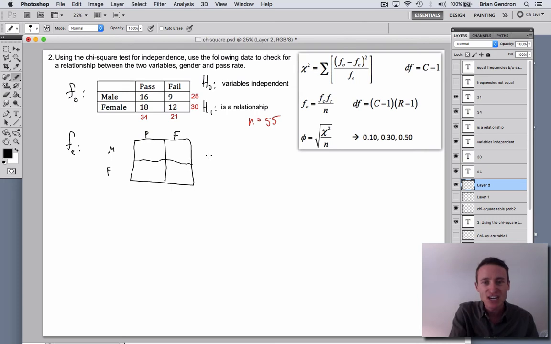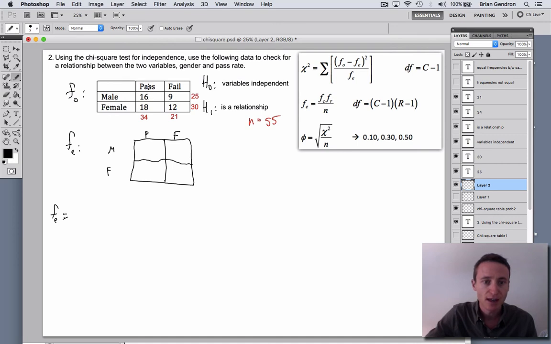All right, now for each of these cells, we're going to apply this formula. So let's look at the top left cell. This cell right here corresponds to the top left cell up here. So this is the males who passed the class. Essentially, to calculate the expected frequency for that cell, I'm going to take the frequencies in that column.